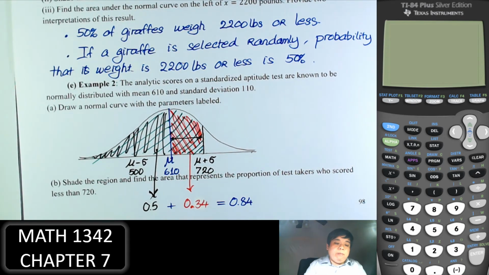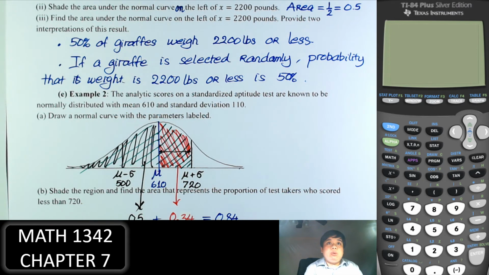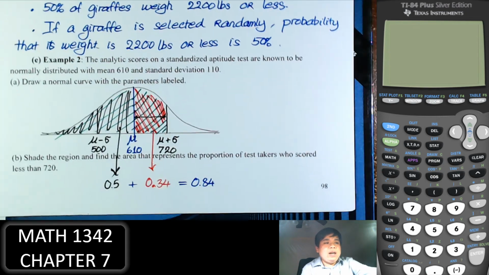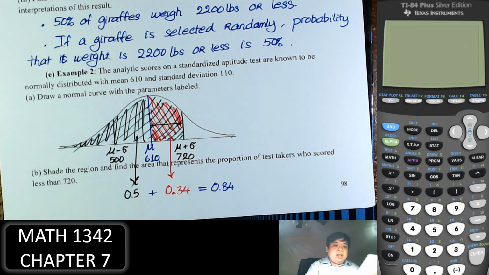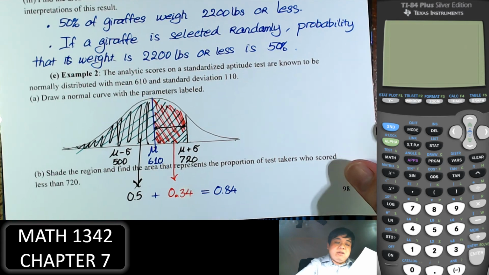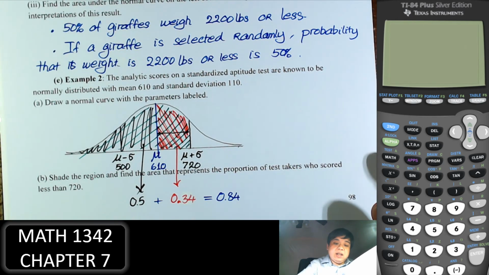So 0.84 means 84% of the population, meaning 84% of the test takers score less than 720. Let me say it again. 84% of the population of test takers score less than 720. Or we say if we select one random test taker, the chance for that test taker to score 720 or less is 84%.